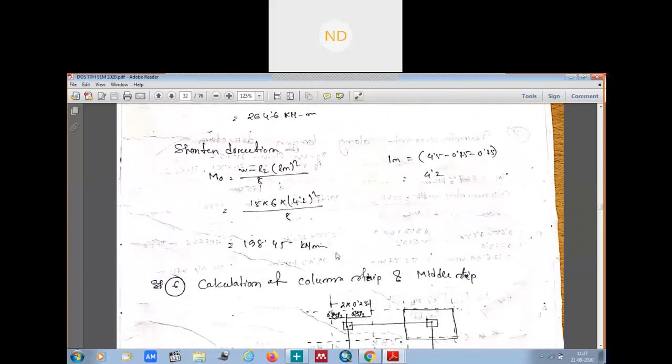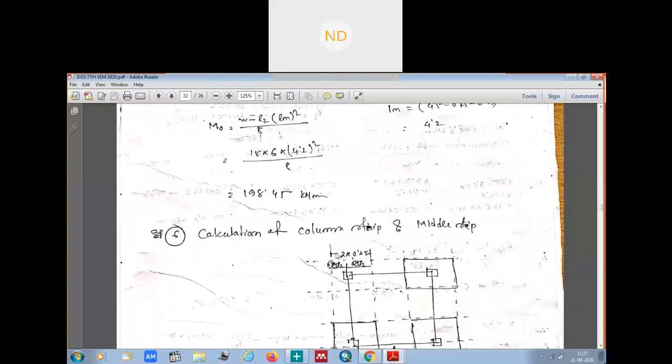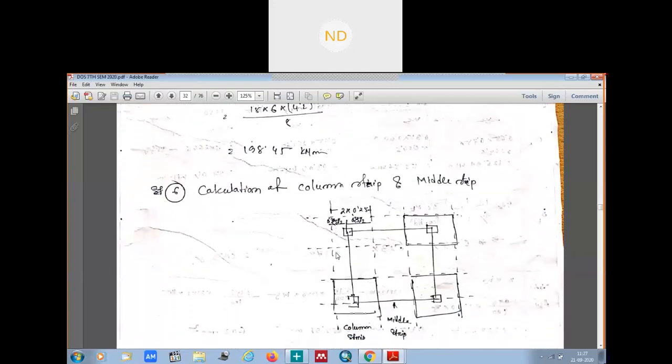Then the next one was the calculation of column strip and middle strips, which we are going to provide.